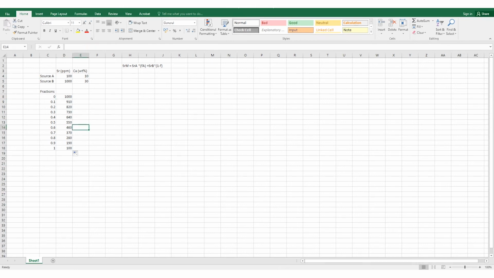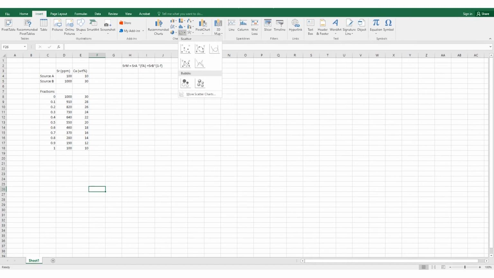Now, if you go for calcium, you follow the same equation. This is 30, and it varies between 30 and 10. Let us plot this.